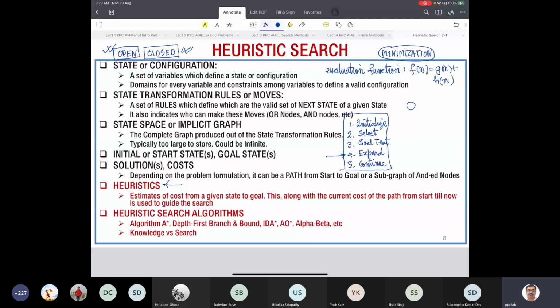It's a minimization problem, and we compute Gn during the algorithm, and for every problem we are given an Hn to use, and we will study what these possible Hn values are.